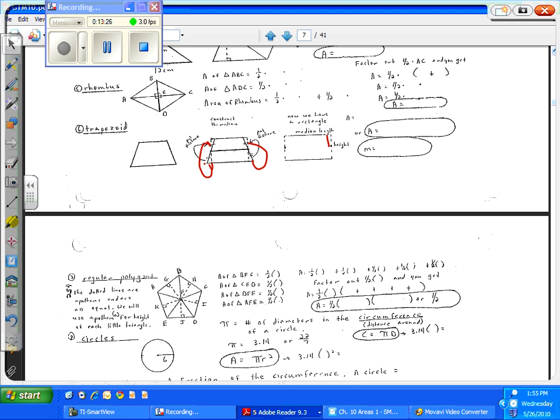The height of the rectangle is the height of the trapezoid, but the base of this new rectangle is shorter than the original lower base, but it's longer than the original upper base. It's somewhere between those two, and so it is the average of the bases.